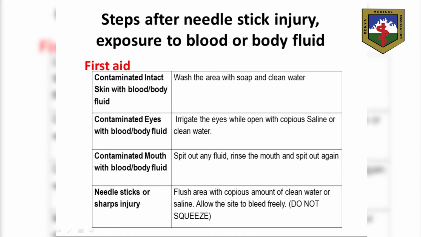The steps after needle stick injury. The first aid that needs to be employed. If you have contaminated the skin with blood or body fluid, what should you do? Wash the area with soap and clean water.